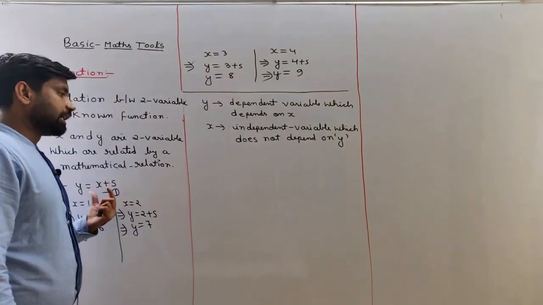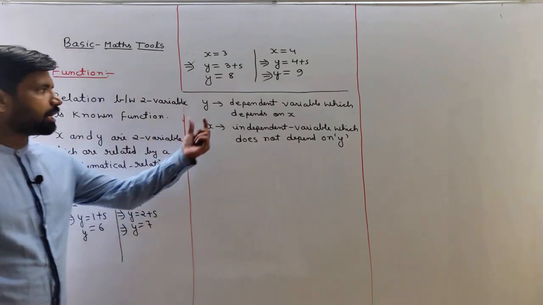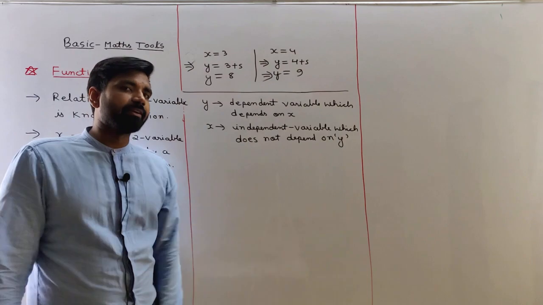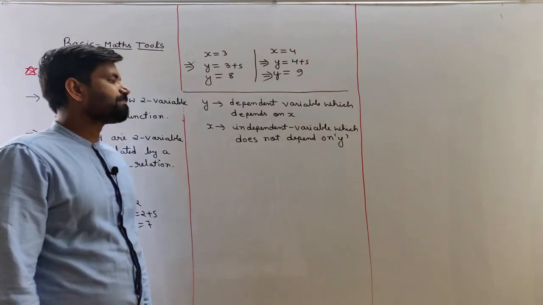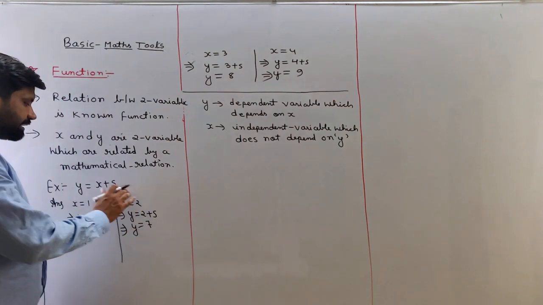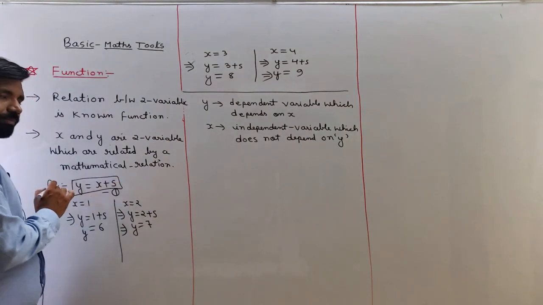So we get two types of variable. One is the dependent variable which depends on another variable, and one is the independent variable which does not depend on any other variable. Okay, understand? This is a linear equation.